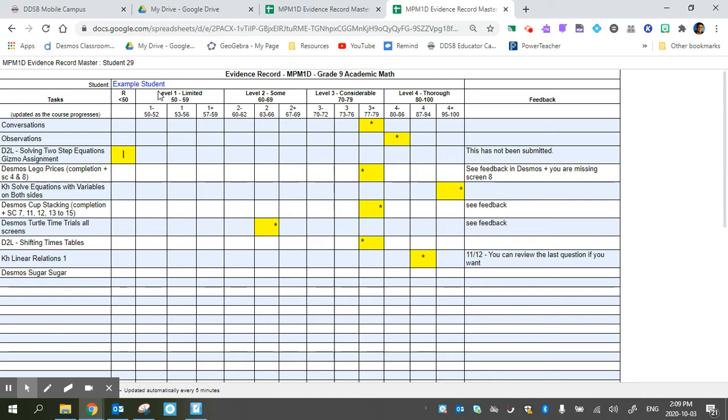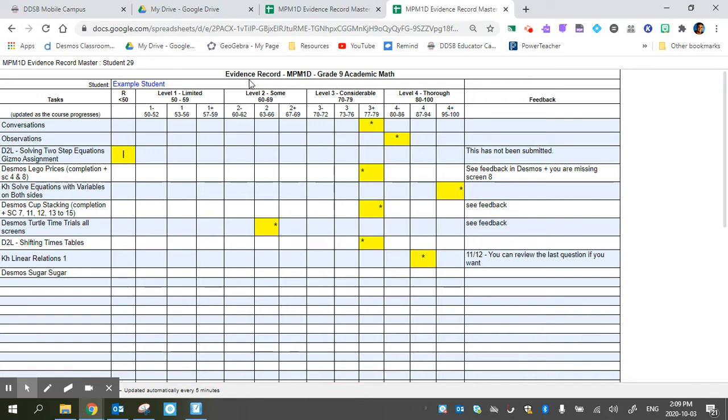So we have level 1, and I want you to please focus on the words, the descriptor. Level 1 is limited, level 2, some, level 3, considerable, and level 4, thorough. And this, of course, refers as perhaps a likely demonstration of understanding, demonstration of achievement. So if somebody's demonstrating considerable level of understanding, the level is 3.